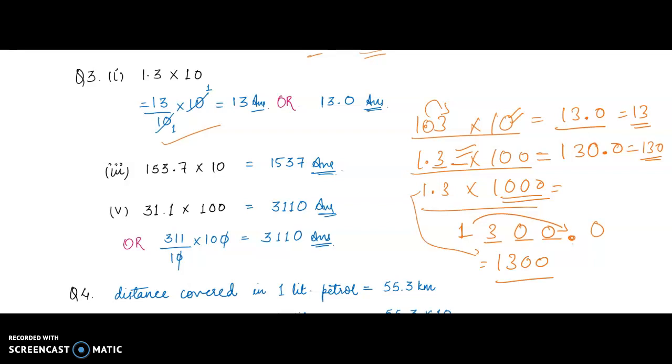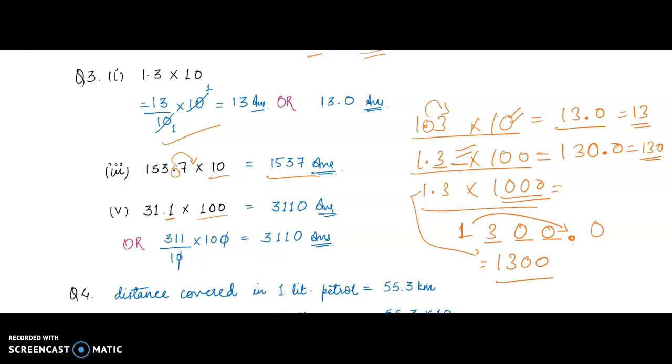So always when you're multiplying with 10, 100 or 1000 or numbers in multiples of 10, you will count the number of zeros and shift the decimal that many places. Okay, so in the third part you can see that it's multiplying by 10, so I have directly shifted this decimal from here to here, so this becomes 1537. That's the answer. Part 5, here we need to multiply with 100.